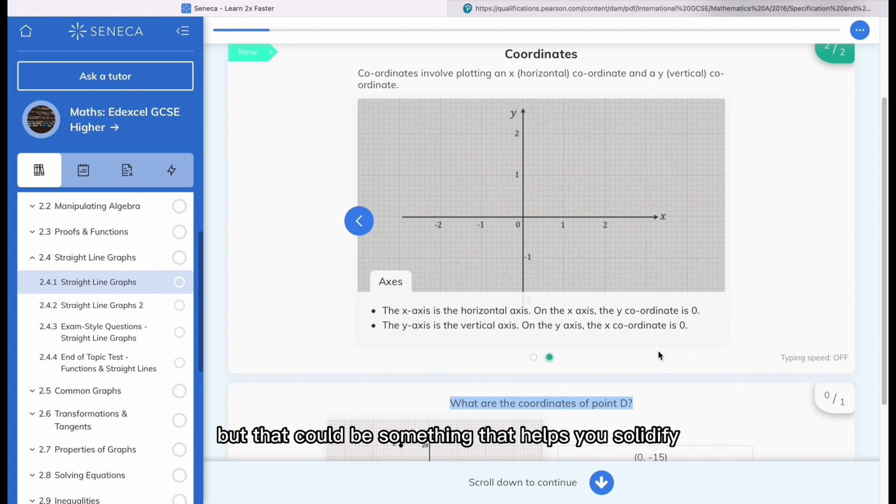It helps you solidify your ability to get a grade 9 in GCSE maths, but it's not the only thing you have to do, because everyone's mind works differently, and everyone is different. There are some other steps along the series that I recommend you must do to get a grade 9 in GCSE maths.